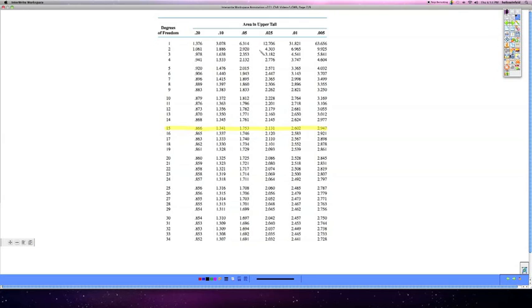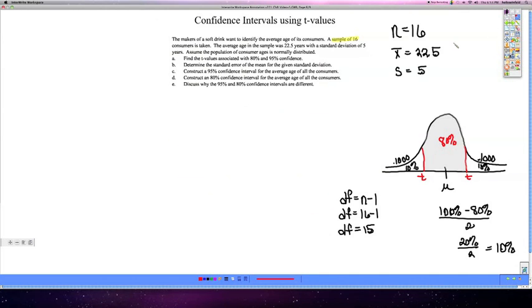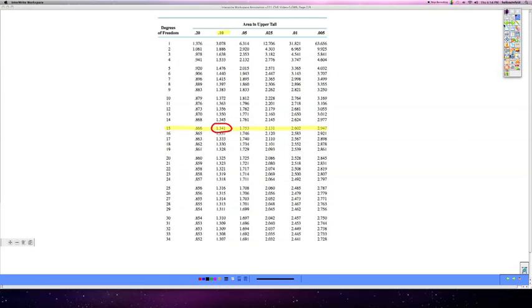So when we look at our columns, we're clearly going to be in this column, and so the score that we're going to be using is 1.341, and that would be of course for the 80%, so we might specify that. Part A, for the 80%, it's going to be 1.341.